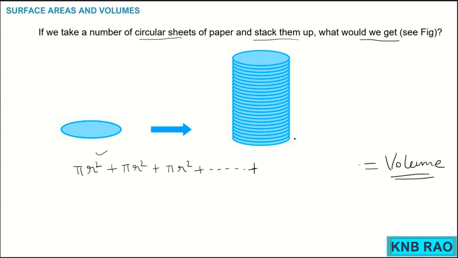How many are there? Let us say I have got n in number, where each sheet is of very minute thickness, like 1 millimeter. That means the total length of those n sheets will become n millimeter, isn't it?